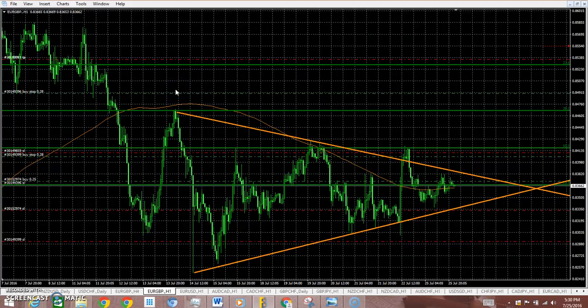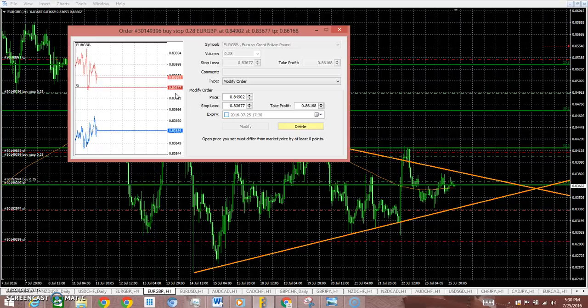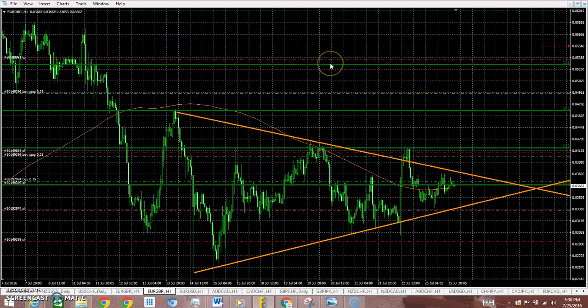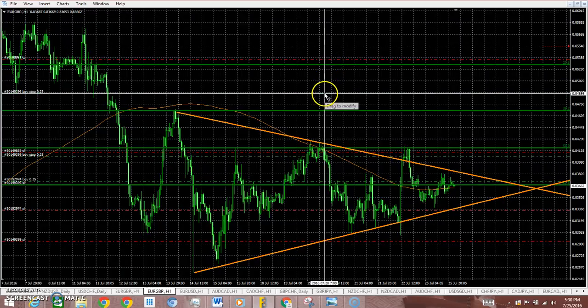Now I'm going to take a stop loss around 0.83677. So we want to draw and see how many pips that is. So my stop loss is around here for 123 pips.